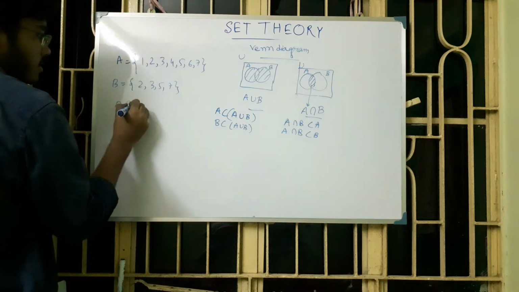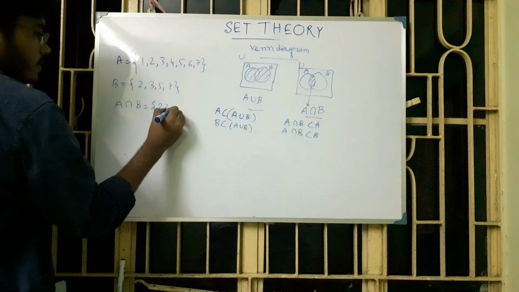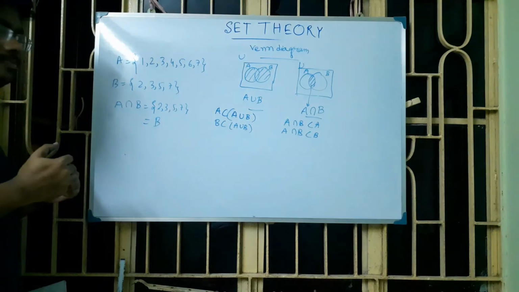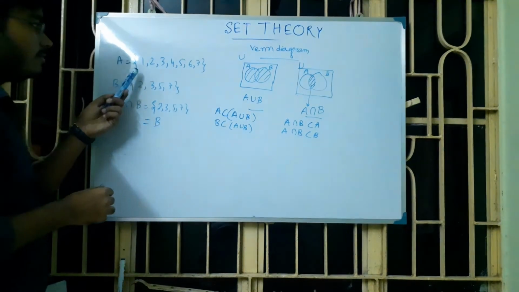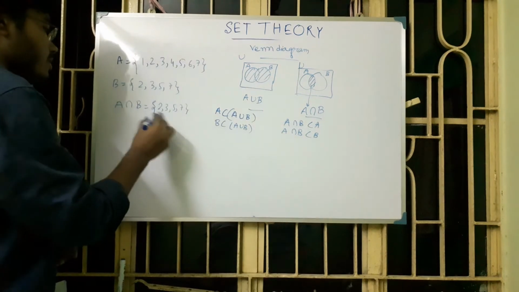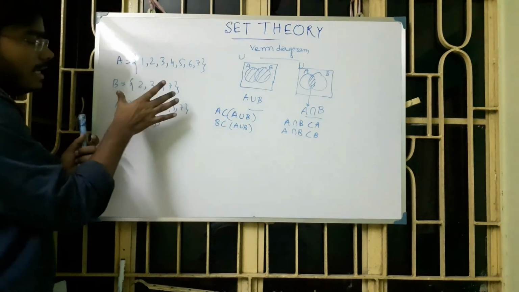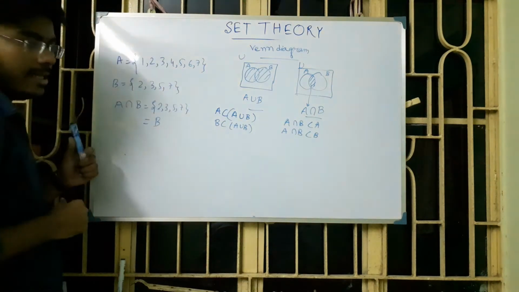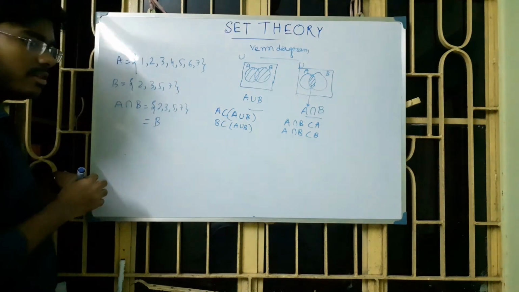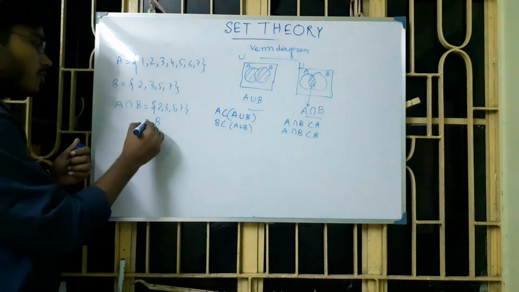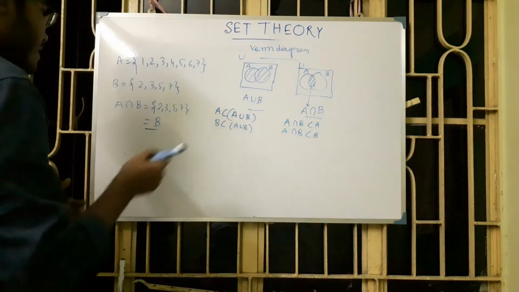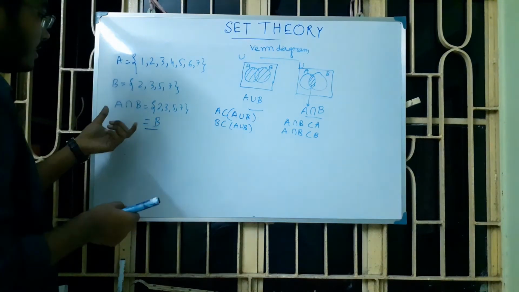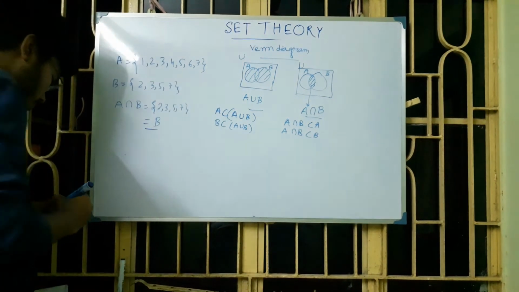Now A intersection B is 2, 3, 5, 7, and this is also B. As B is a subset of A, then A intersection B is equal to B. Okay, the elements present in B are also present in A. Then the common thing between them is B. Like A union B, where B is a subset of A, equals A, like that, in intersection, this is equal to B.